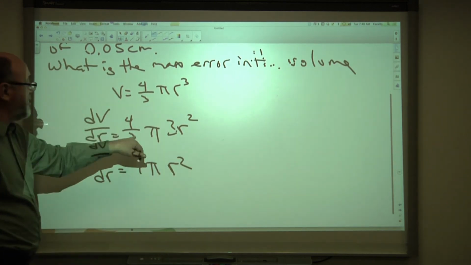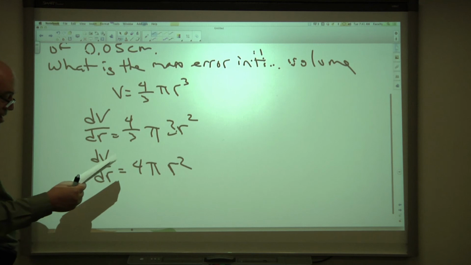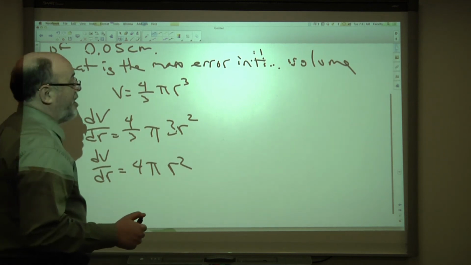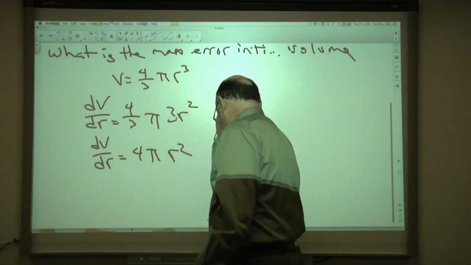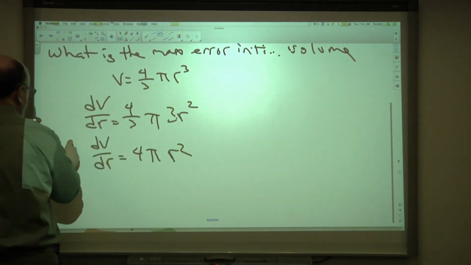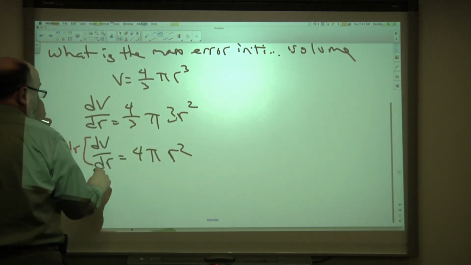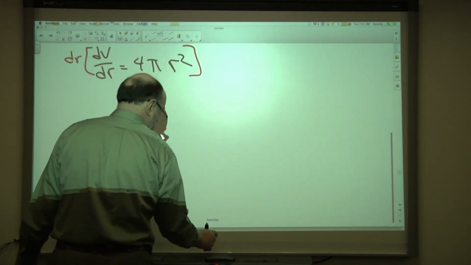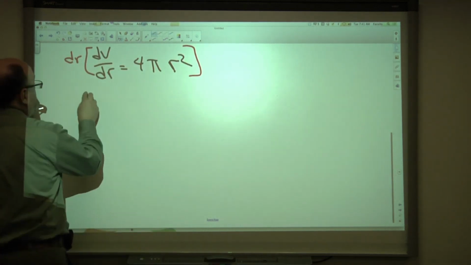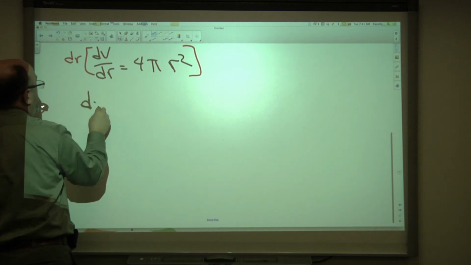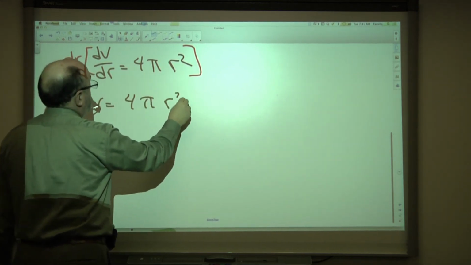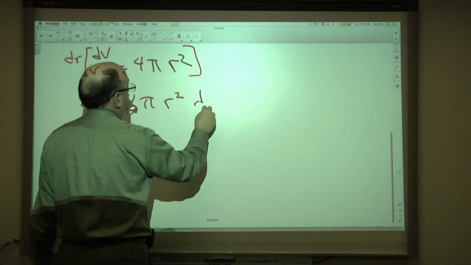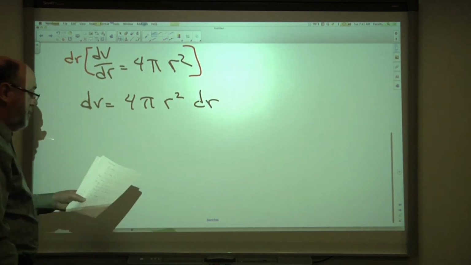So this 3 here cancels out that 3 there. Okay. And if I solve that for dV, so multiply everything by dr, and we get dV equals 4 pi r squared dr. Right?